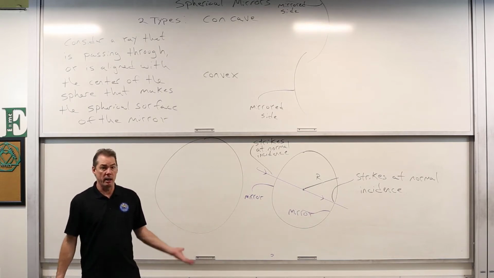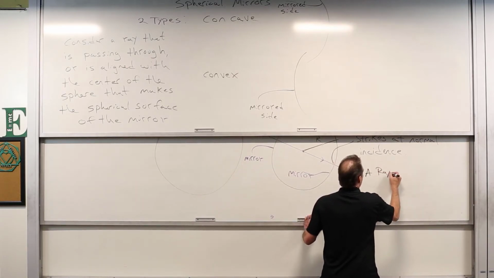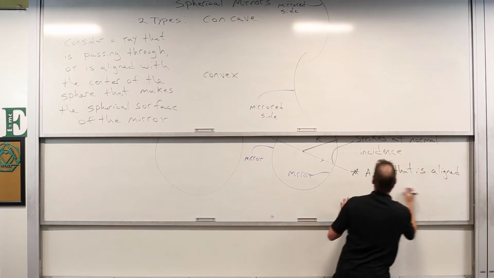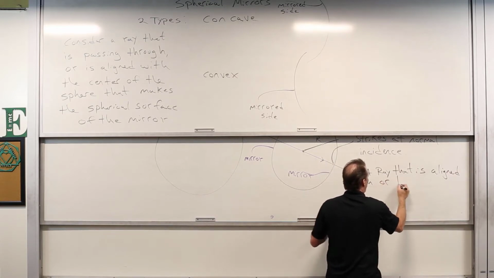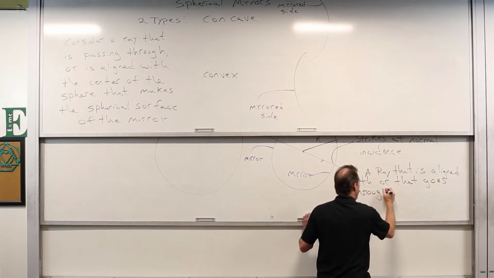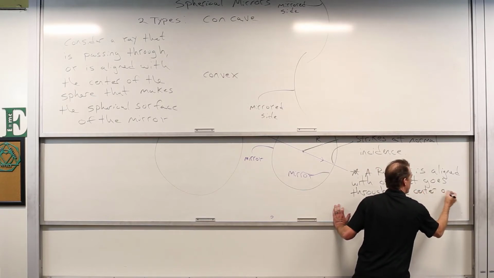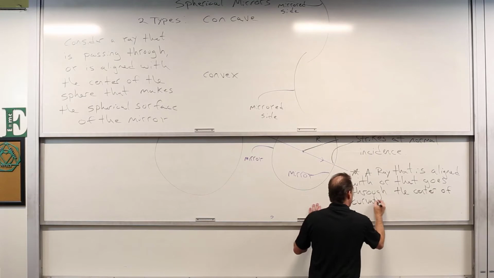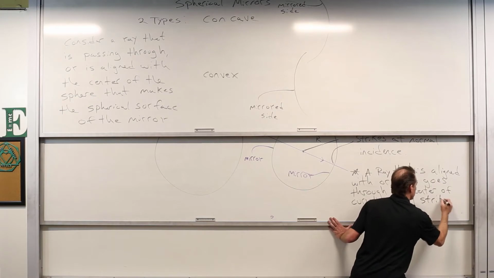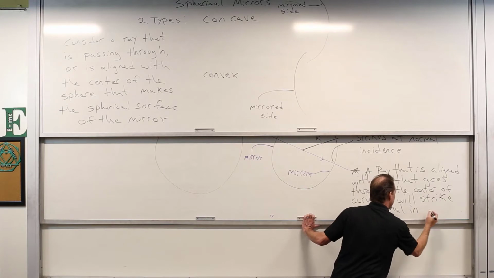It's going to strike at normal incidence. So, a ray that is aligned with or that goes through the center of curvature will strike at normal incidence.